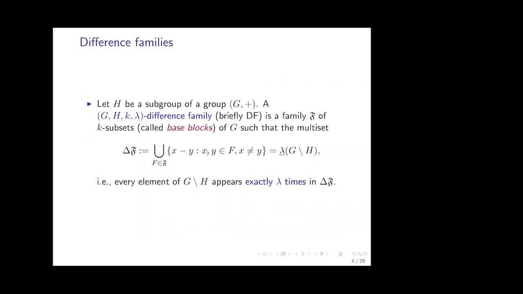So here, let us recall the definition of difference family, and then we will see what the relation between difference matrix and difference family is.